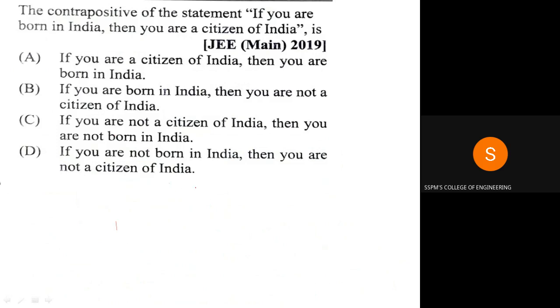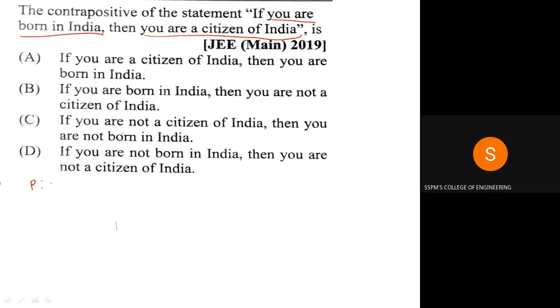Next, the contrapositive of the statement. Again, we have to find the contrapositive of some statement. So first we will write the P part. The part from "if" up to "then" is called P, and the part from the word "then" is the Q part.